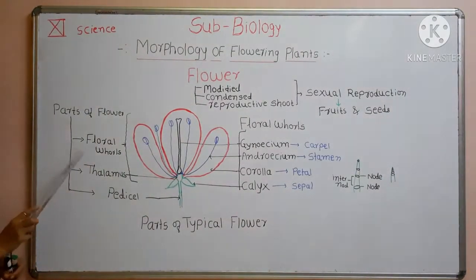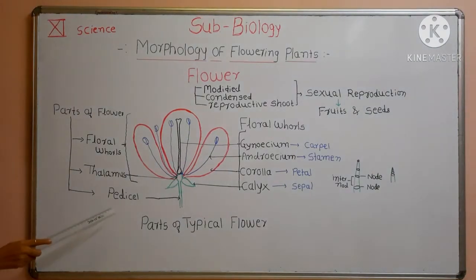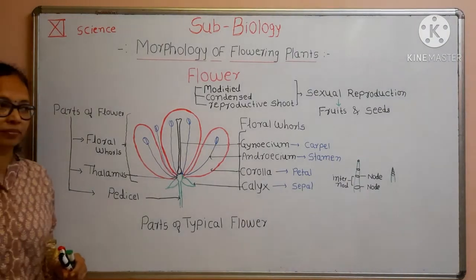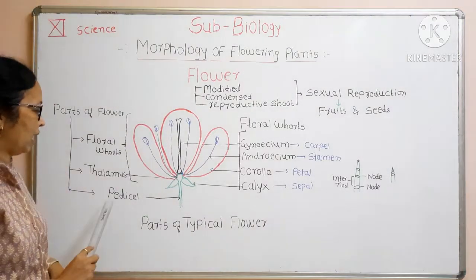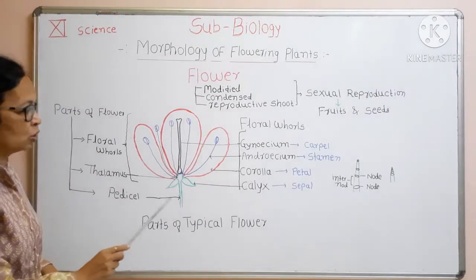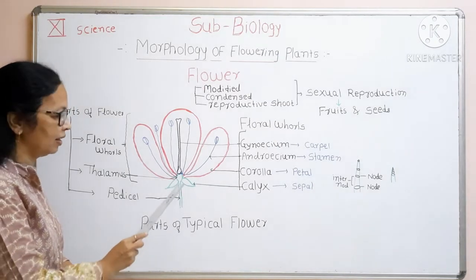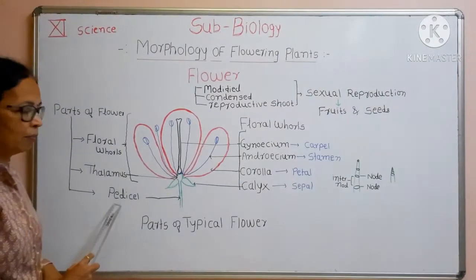So typical flower consists of 3 parts. First one is the pedicel, second one is the thalamus, and third one is the floral buds. So first one is pedicel. So stalk of the flower, ना फूल की दांडी, उसे क्या कहना है? Pedicel.